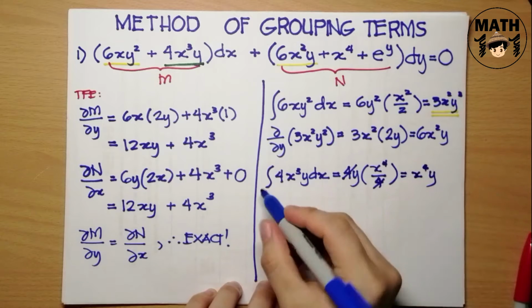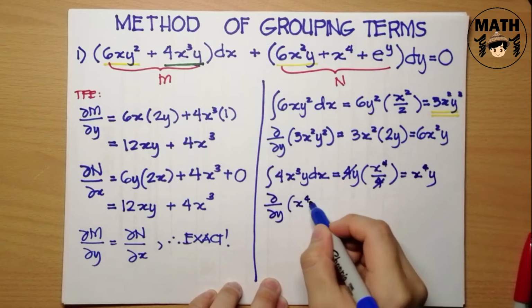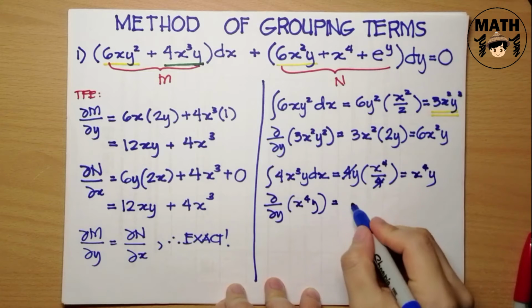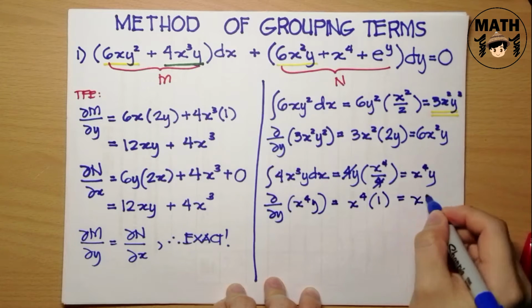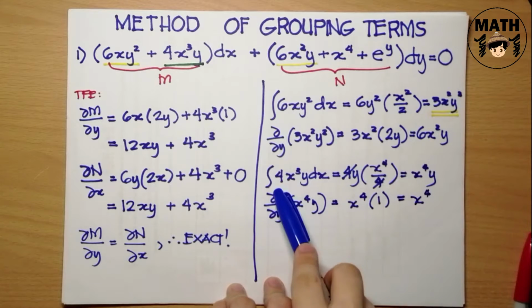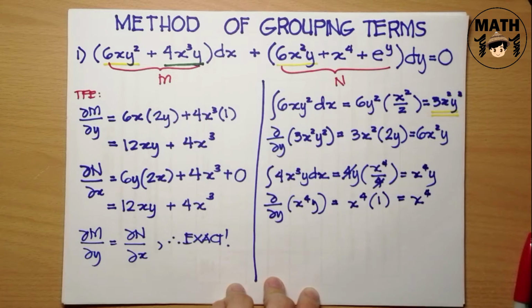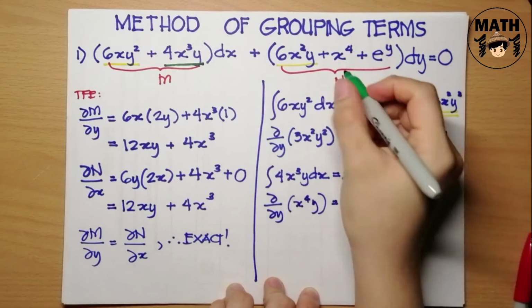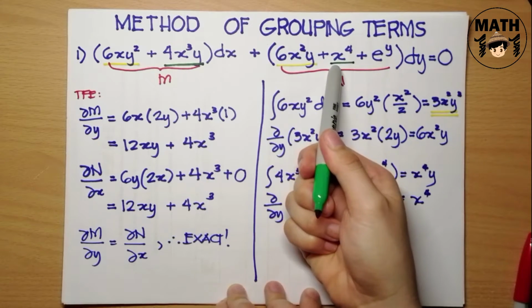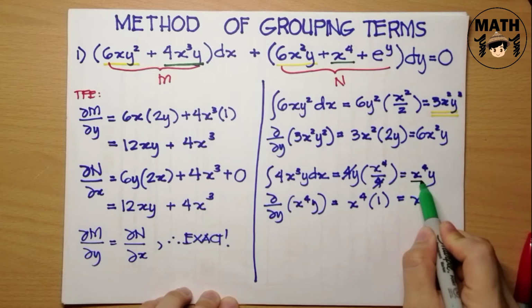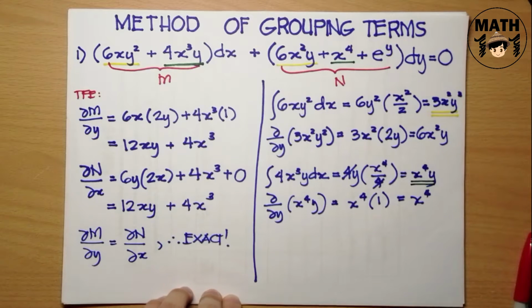Then, we'll differentiate this with respect to y. X to the fourth, so dahil x taken as constant, derivative ng y, 1. So this is x to the fourth. Sino ngayon yung kapartner ni 4x cubed y dx kay dy? You can see that this is the same with this. So sila yung partner. Hindi na natin i-integrate itong term na to. And therefore, this term will be included in the function f that we're looking for.